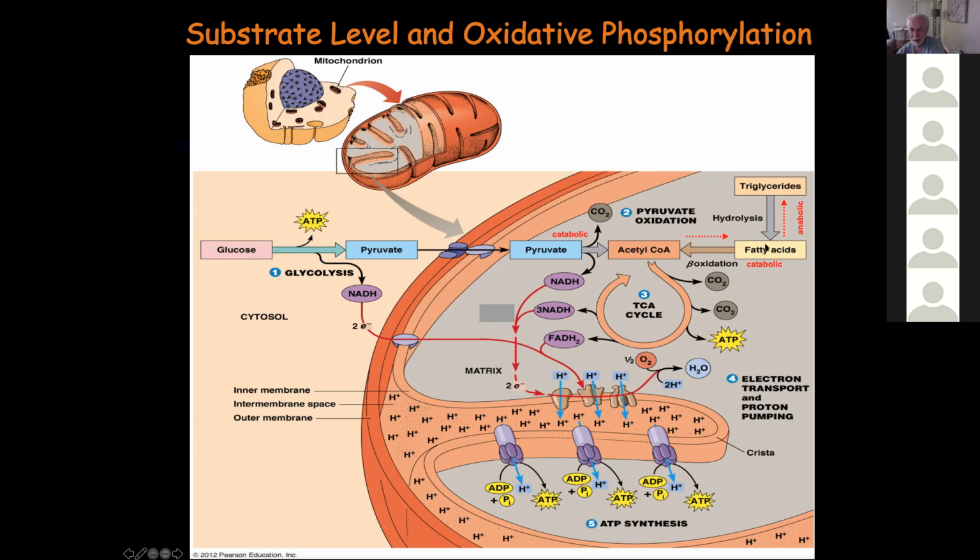They can be hydrolyzed to fatty acids, and fatty acids can be oxidized to acetyl-CoA. So acetyl-CoA can come from two directions. So if you run out of sugar, so there's not enough acetyl-CoA coming from pyruvate, what your body does is start to convert fats to acetyl-CoA.